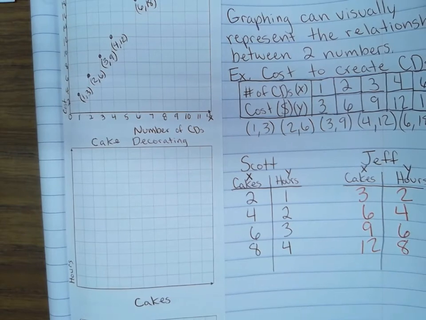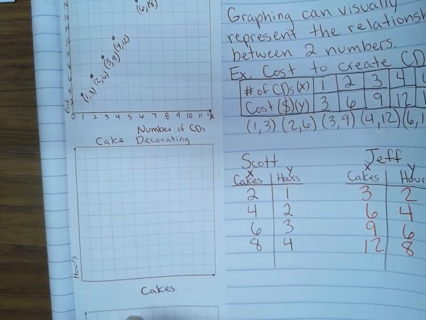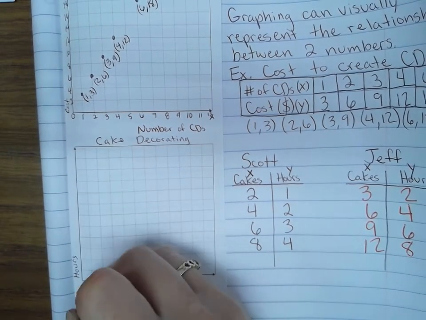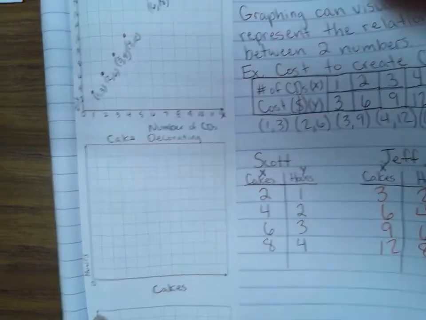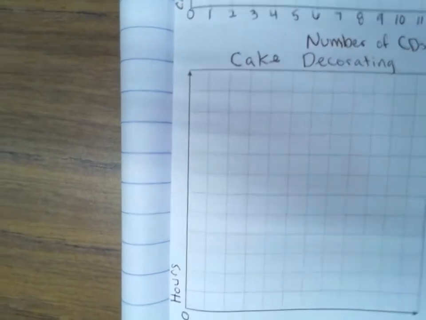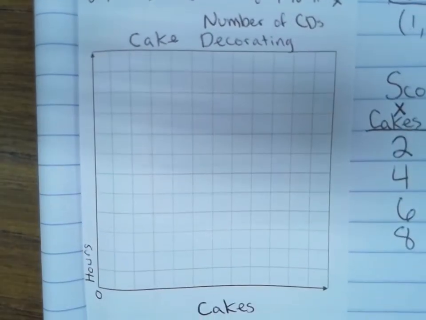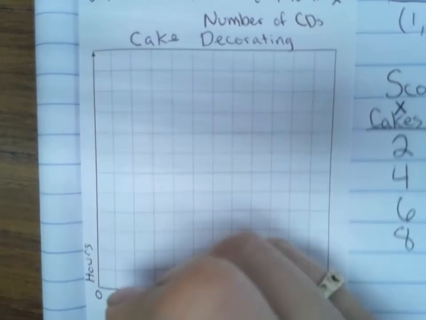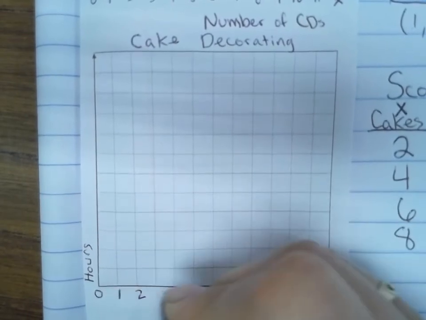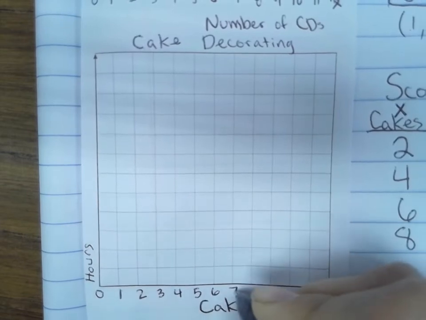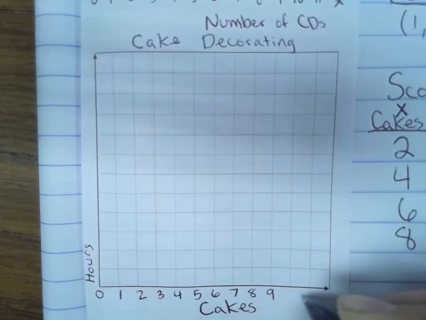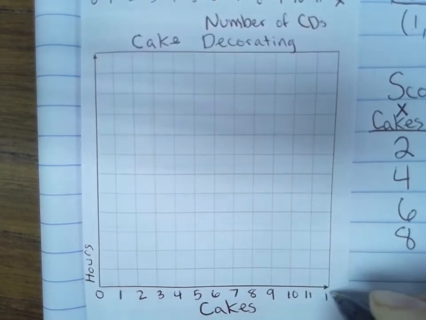These ones look like something we could label by 1, so we don't have to skip count or anything here. So 0 is always in the corner. Okay, you have the information over on the right. I'm just zooming in so you can see the graph better. So if we do 1, 2, 3, 4, 5, 6, 7, 8, 9, 10, 11, 12.